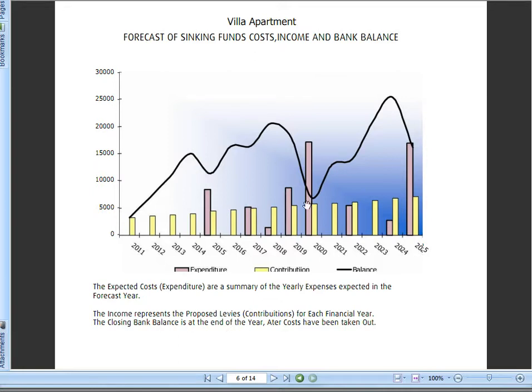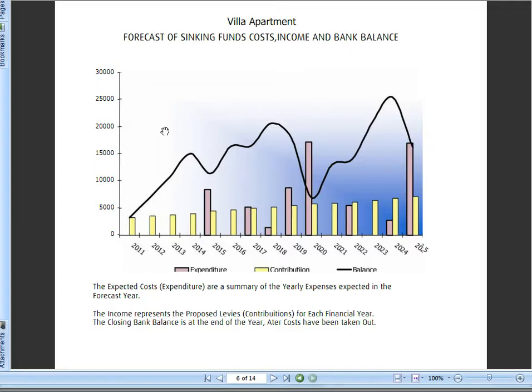Usually we try to work out how much money we need to put aside as a minimum balance, so this doesn't get too low when we run out of money. So this is the highest risk of the sinking fund forecast, to make sure we've got enough money to look after that building in that time.